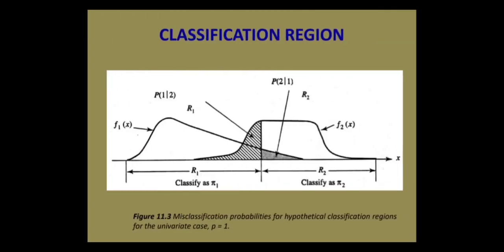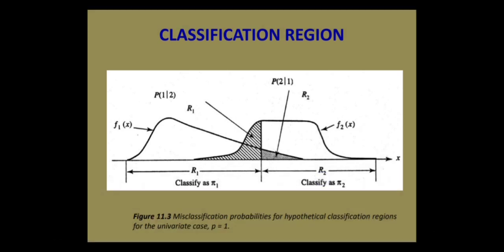Okay, let's see here. Apa yang digambarkan tadi kan, dia punya nilai conditional probability tadi. Let's say here, we have R1 region and we have R2 region. We have the PDF of X1. This is distribution untuk f1(x). Di sini distribution untuk f2(x). Di sini R1 region 1, di sini region R2. We can calculate this sekejap lagi.